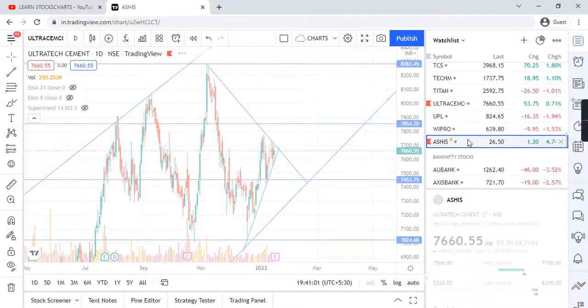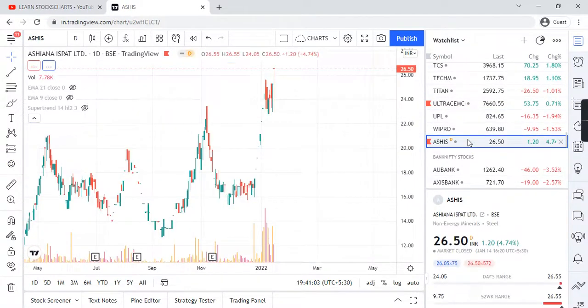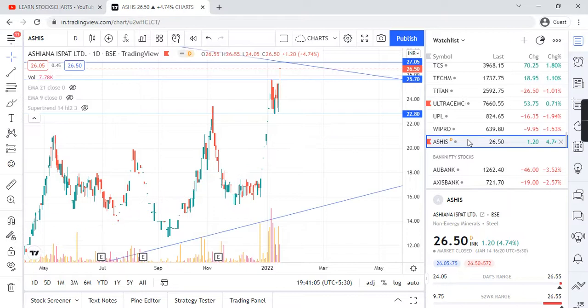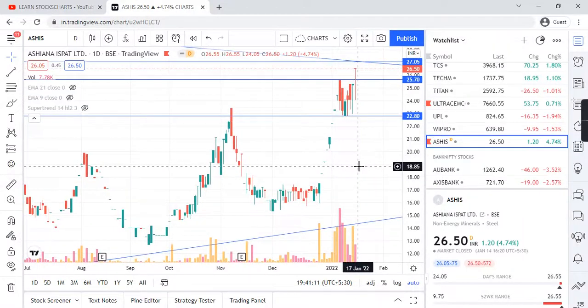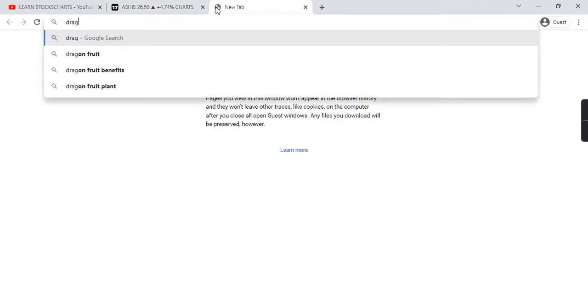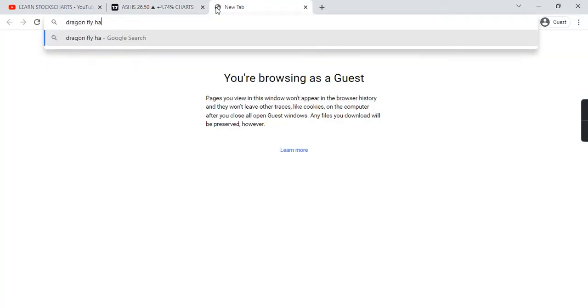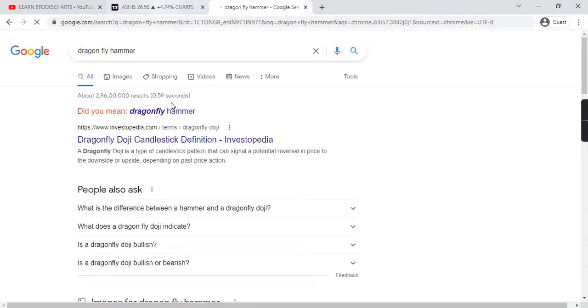And yesterday I predicted one of the stocks which my viewer suggested, ASHIS, that is Ashiana Ispat Limited. Let me see how this performs today. So guys, a big hammer. This might be, let me see, a dragonfly hammer or a hanging man pattern.